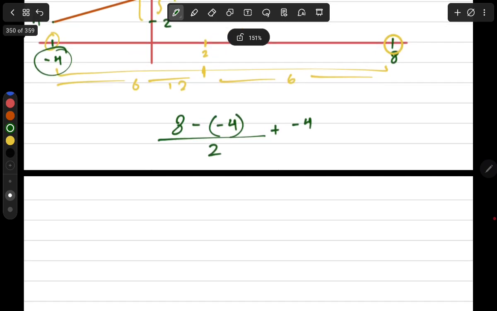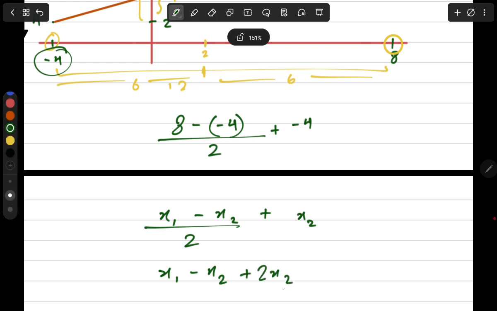So eventually if I take 8 as x1 and minus 4 as x2, and I divide it by 2 and add it to x2, and if I take LCM, this is x1 minus x2 plus 2x2 upon 2.